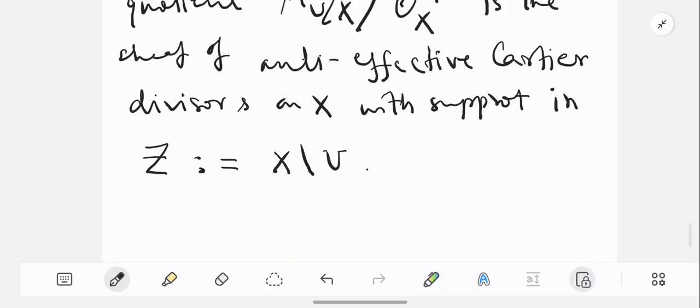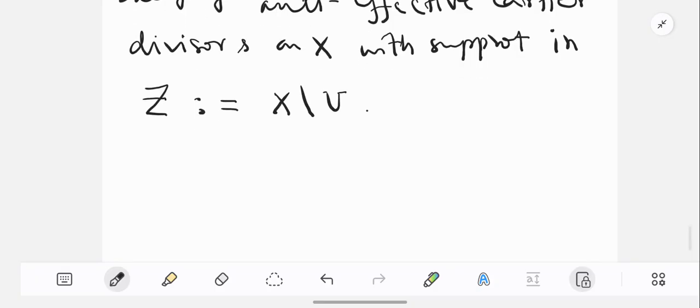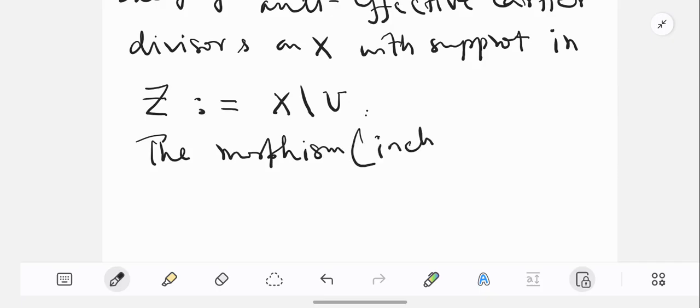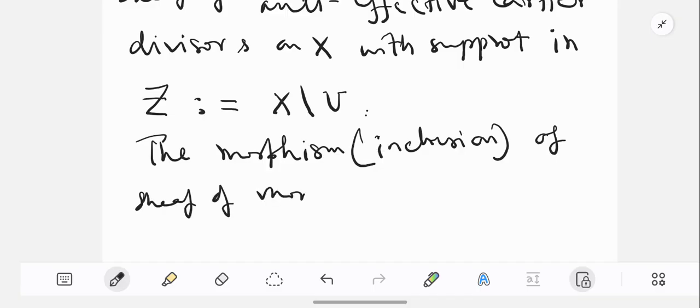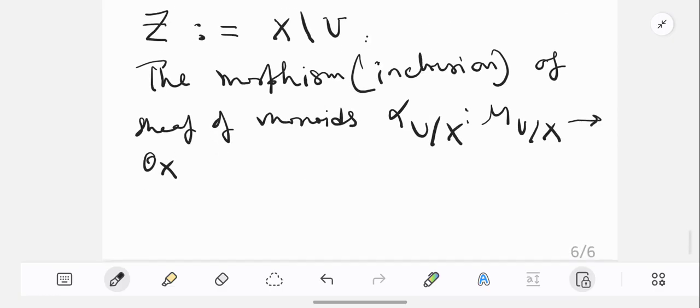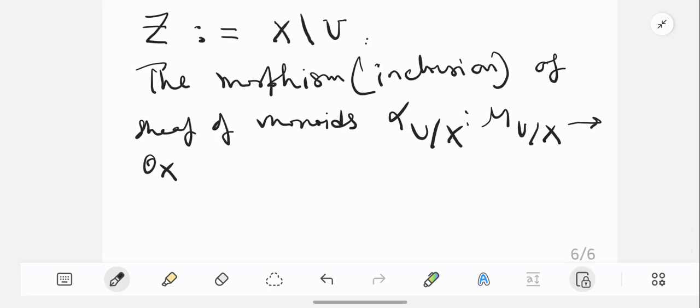Okay. So by definition, the morphism of sheaves of monoids, which is the inclusion alpha_{U/X} from M_{U/X} to O_X, is a logarithmic structure.